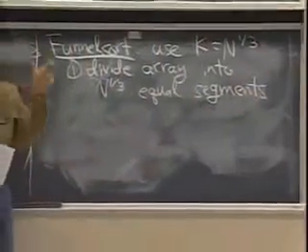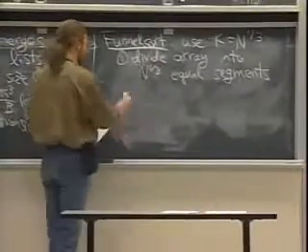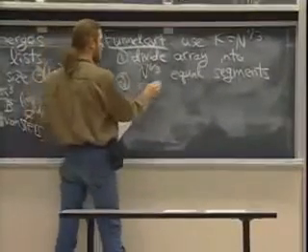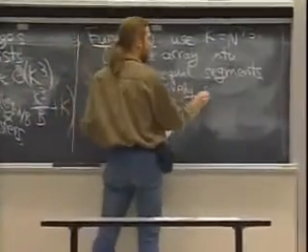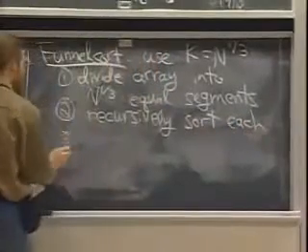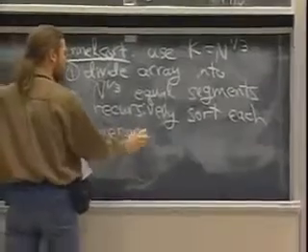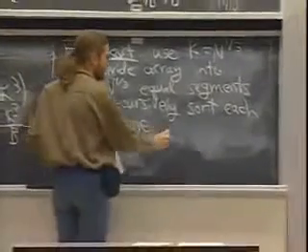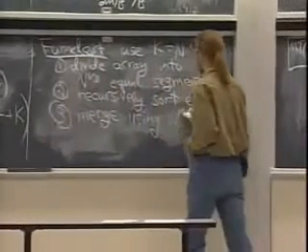We're going to cut and get consecutive chunks of the array, n to the 1/3 of them. Then I'm going to recursively sort them, and then I'm going to merge, using the k-funnel, the n to the 1/3 funnel.